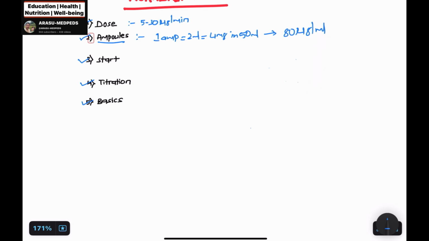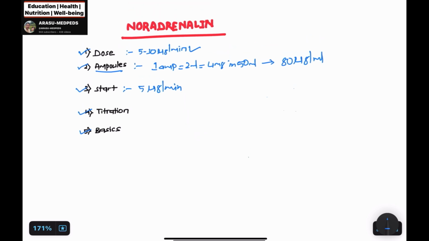Now we want to start the infusion, and we know that the initial dose is 5 microgram per minute. We have discussed it already. So according to that, we want to start. But whenever we are fixing the infusion pump, you might have all seen the infusion pump, right?